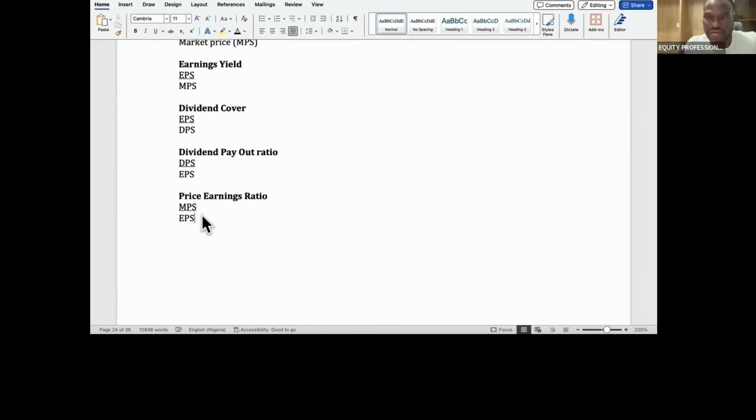Because if they have confidence in your earnings, if they price your earnings very high, that means they believe you will grow. Pricing your earnings high does not mean that you have huge earnings. In fact, it may mean you have small earnings, but they are still buying your shares, and your market capitalization is still huge.